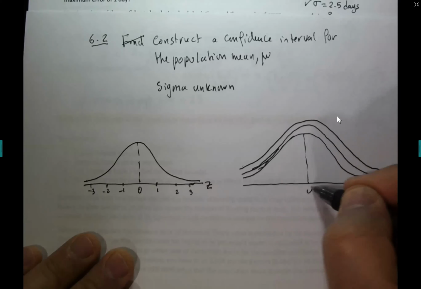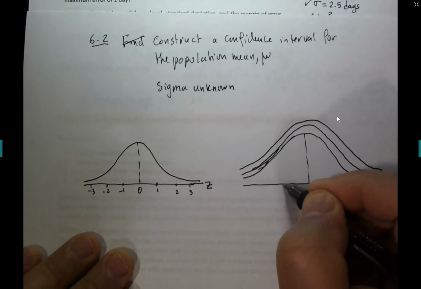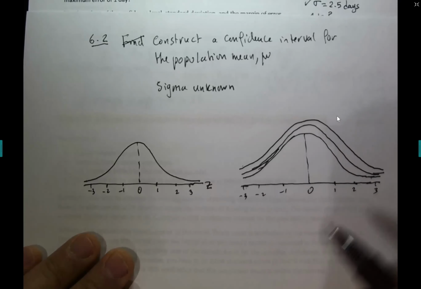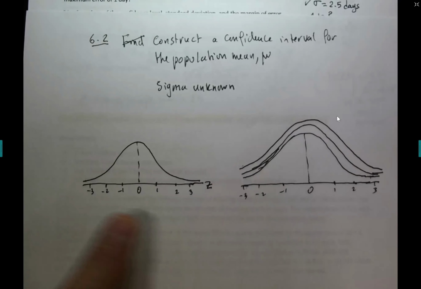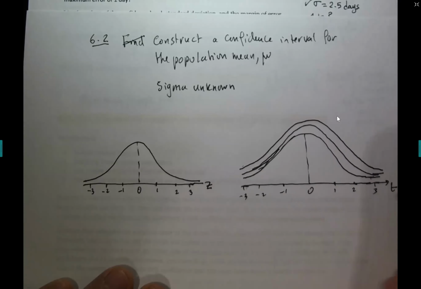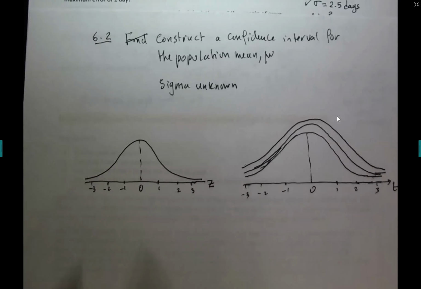This is always 0, 1, 2, 3, -1, -2, -3. And those curves change with the sample size, guys. What do you notice if you look at the right and the left of each curve? Anything that you notice? That's a T. Look here and look there. What is it that you notice, guys? Let's see. The same. Oh, the mean is the same, yes.